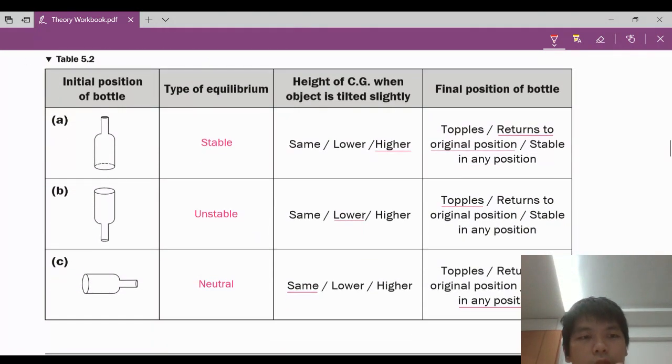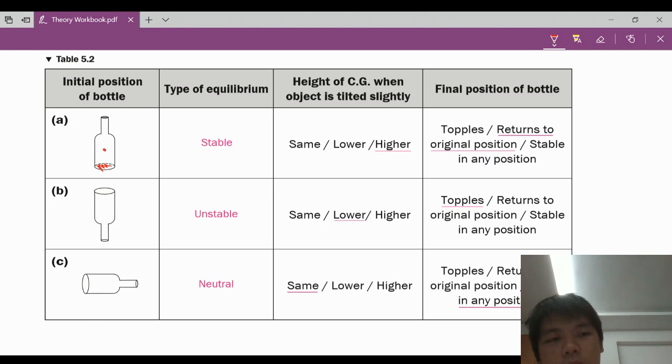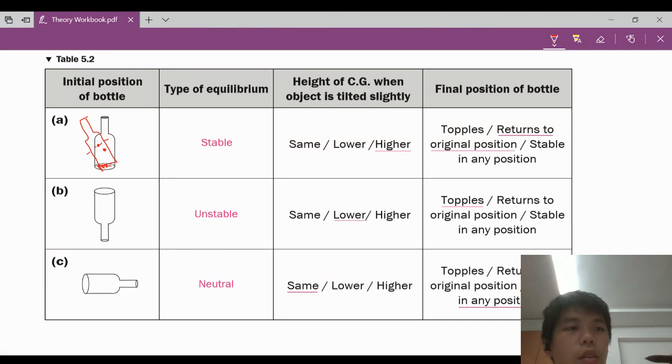Okay, so let's check this. A: the type of equilibrium is stable. Why? Because it has a bigger base. Height of center of gravity when the object is tilted slightly: center of gravity originally is here. If you tilt it, the center of gravity will go up a bit.